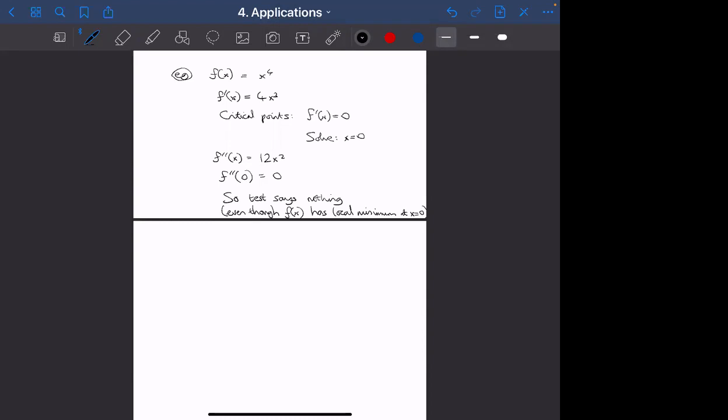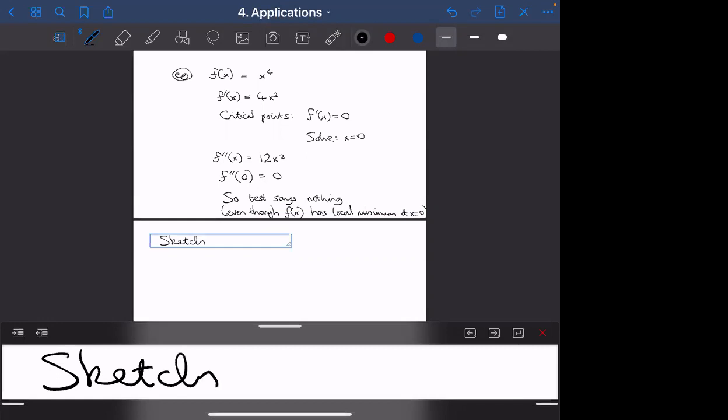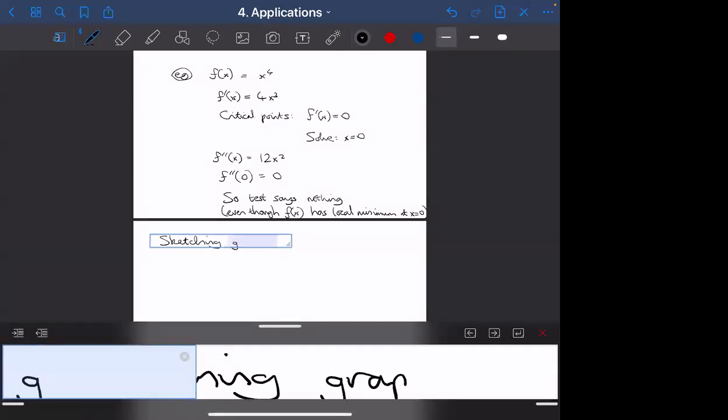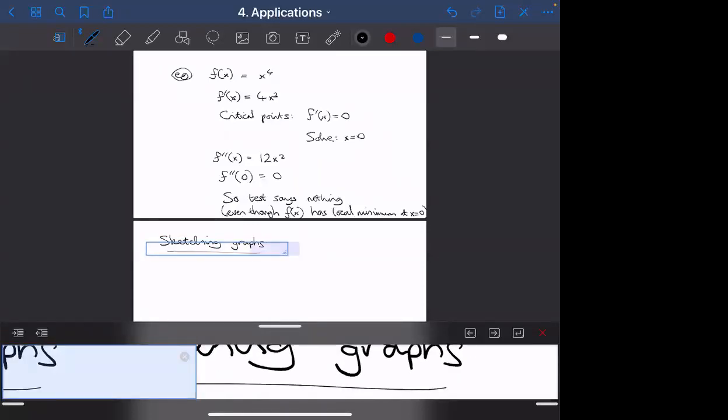Okay, let's do this example. Maybe we won't finish it. But we can put all these techniques together to sketch a lot of graphs.